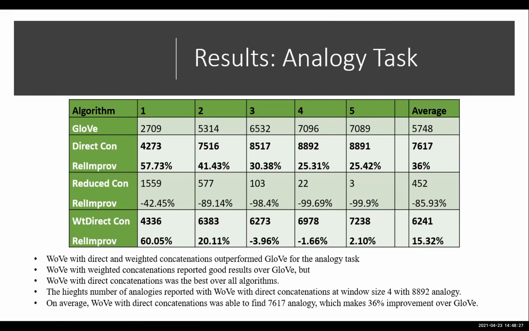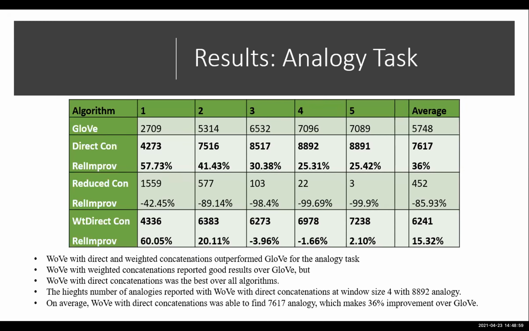Here we have the result from the analogy task. We show here the baseline, GloVe, and the other three methods: the direct concatenation, the reduced one, and the weighted direct concatenation. And we show the relative improvement from each one. We can see that two algorithms, the direct concatenation and the weighted direct concatenation, were able to get good results compared to the others, the baseline and the reduced one.